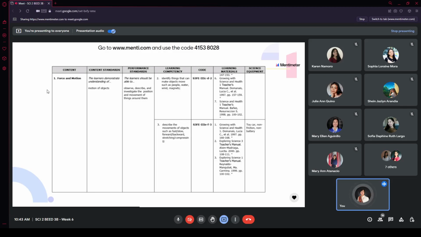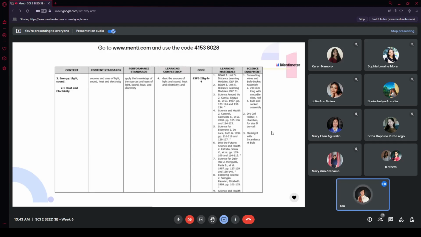Okay, so force and motion. Force and motion is this one. I think we all know how we can describe motion, right? There's no need for this, unless of course you need some additional info or probably some clarification, some misconceptions.